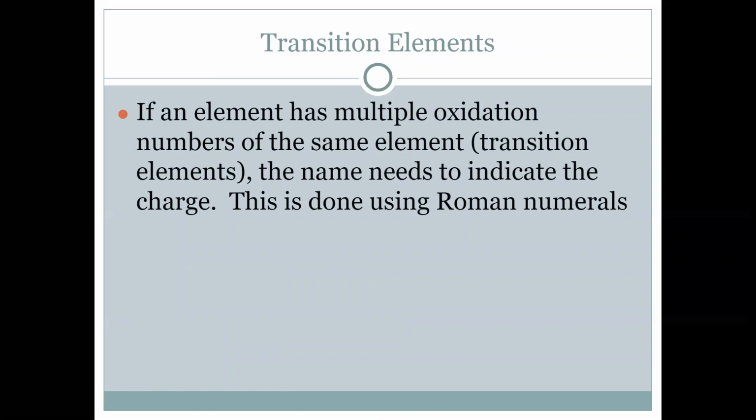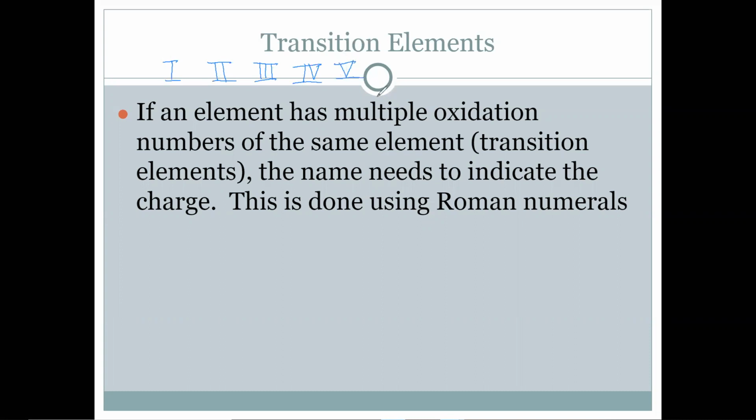So my hope is that you have at least heard of Roman numerals before. 1 is written like a capital I, 2 is like this, 3 is like this, 4 looks like that, and 5 is going to look like that. You're probably not going to need any other Roman numerals other than 1, 2, 3, 4, and 5. So my advice to you is write that down somewhere. Maybe, I don't know, on the back of your periodic table. That might help you, because if you don't include the Roman numerals, you're going to get marked wrong.